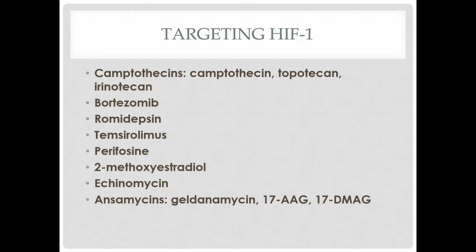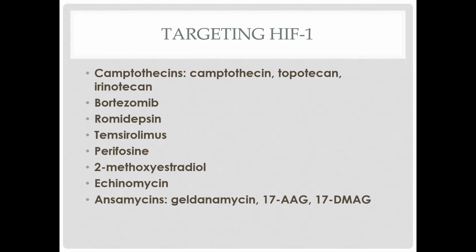So there are several different drugs that target HIF-1. Some of these drugs are actually being used in cancer therapies now. Others are experimental. But by targeting HIF-1, you can potentially take away a potent tool used by the tumor to grow under anoxygenic conditions.